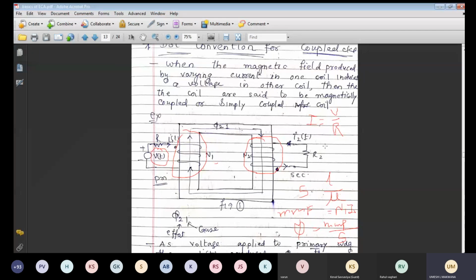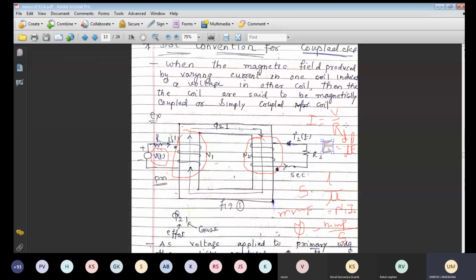Now we know Faraday's law of electromagnetic induction, that the EMF E induced in the circuit is the rate of change of flux linked with the winding. That means it is given by minus N d phi by dt.